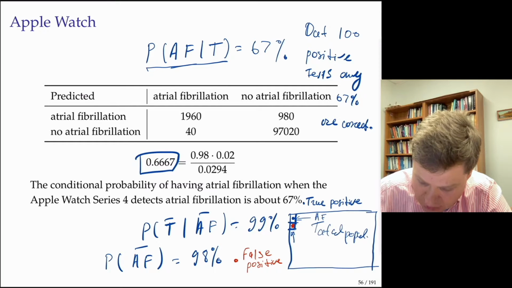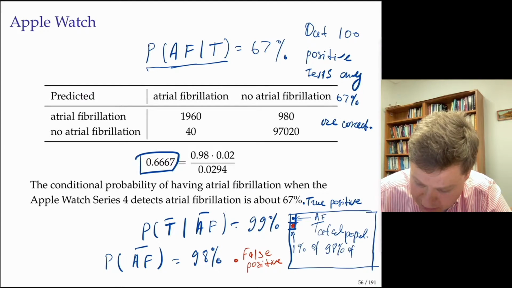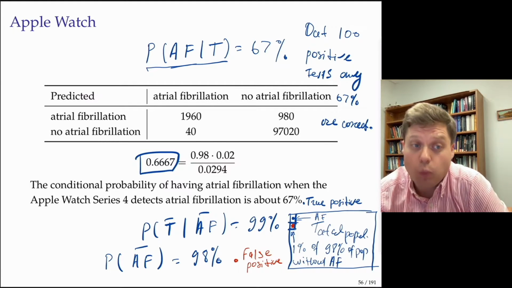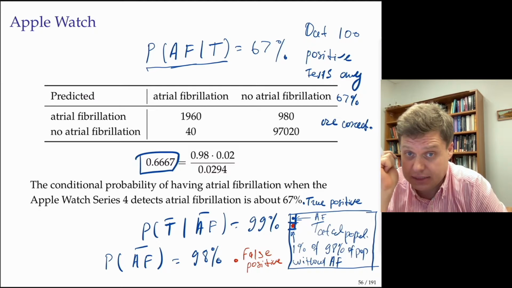So this is 1% of the 98% of the population without arterial fibrillation. 98% of the population does not have arterial fibrillation, and 1% of this will be incorrectly detected by the sensor as people with arterial fibrillation.